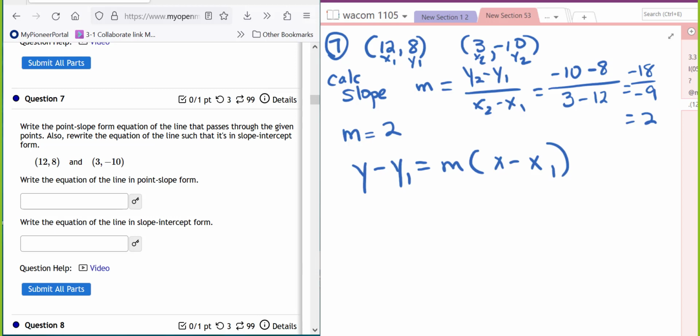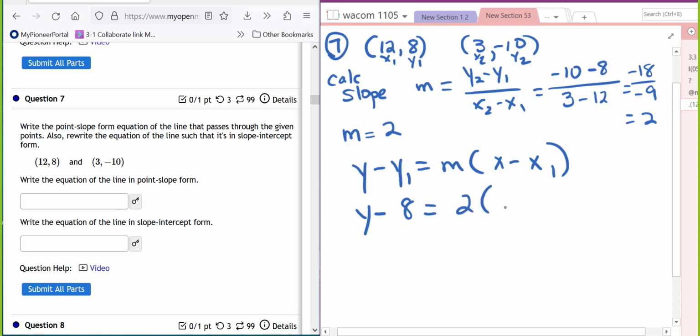I'm going to just go ahead and use the point I called point 1. They will accept 2 different forms of the answer in the first one. So I have y minus 8 equals 2 times x minus 12. So this will be point slope form.